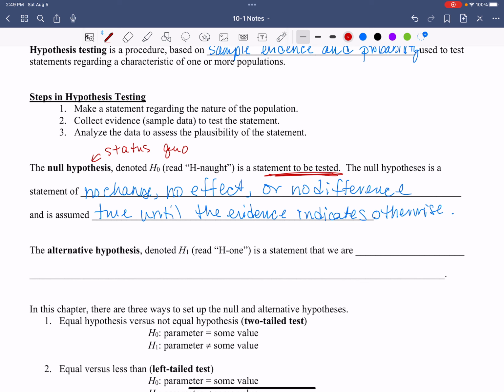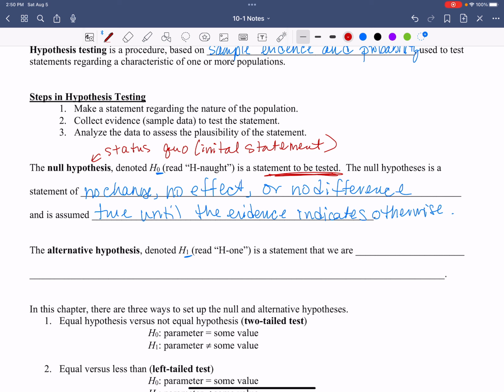All right? Okay. Then you have your alternative hypothesis, denoted H1, so subscript 1. So H naught is your initial value that you're starting with, your status quo, your initial statement.